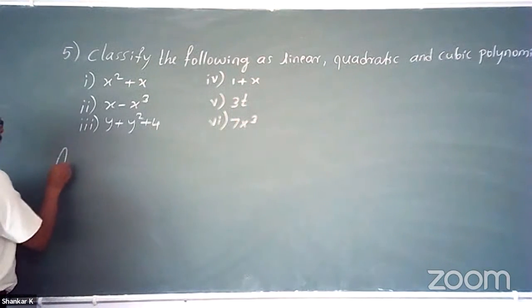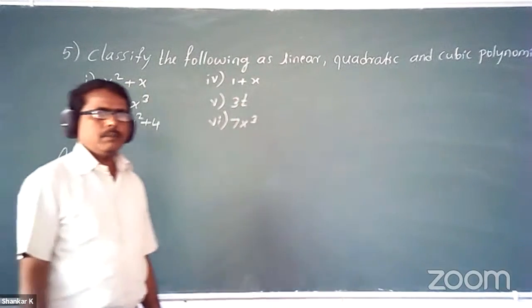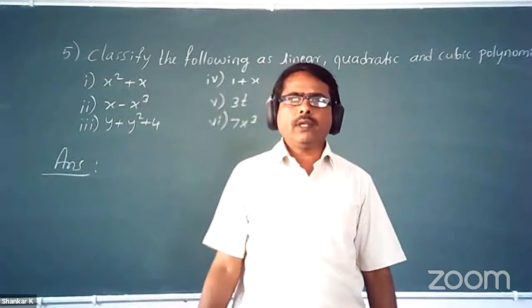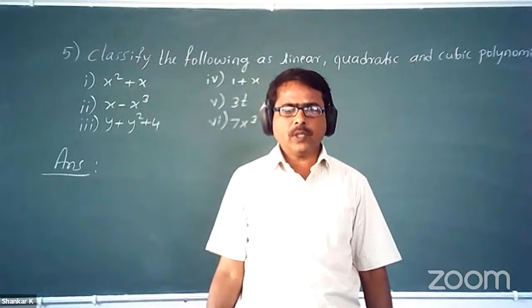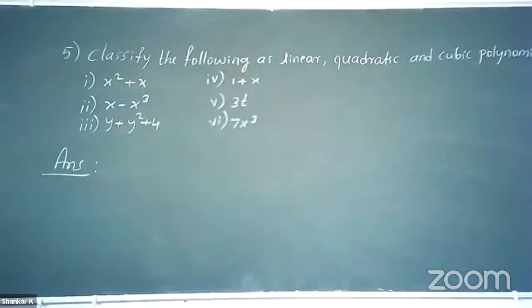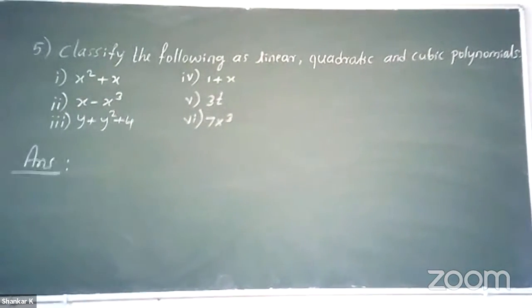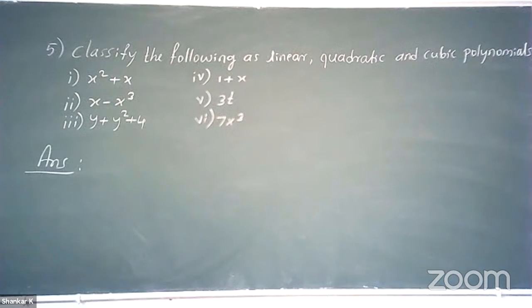If the degree of the polynomial is 1, we call that polynomial a linear polynomial. If the degree of the polynomial is 2, we call it a quadratic polynomial. If degree is 3, cubic polynomial.